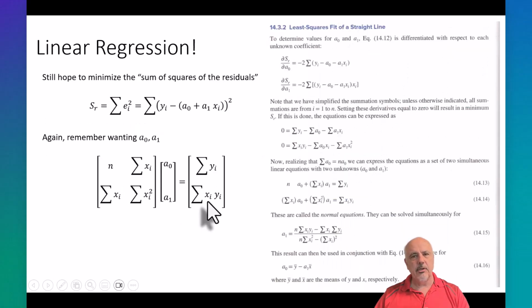Well, then what you want to do, of course, is you want to look at the derivatives. You want to take the partial of S_r with respect to a naught, and then you want to take the partial of S_r with respect to a1, and this is what you get.